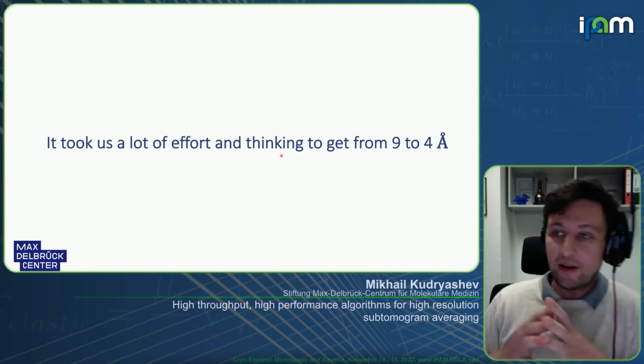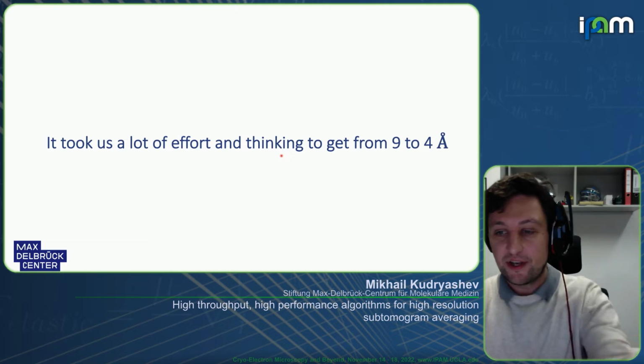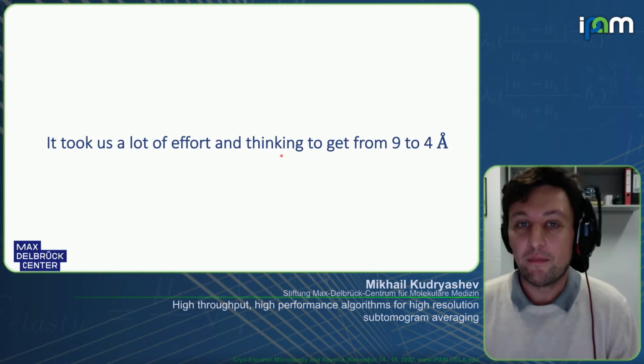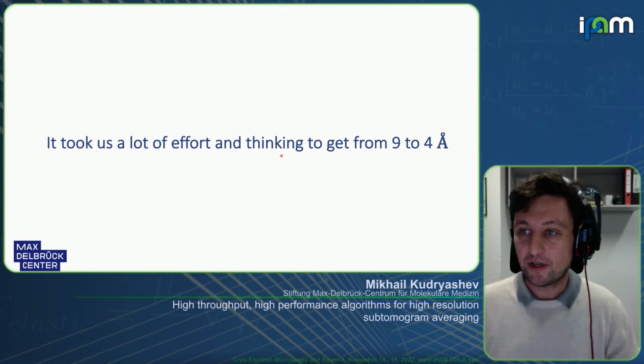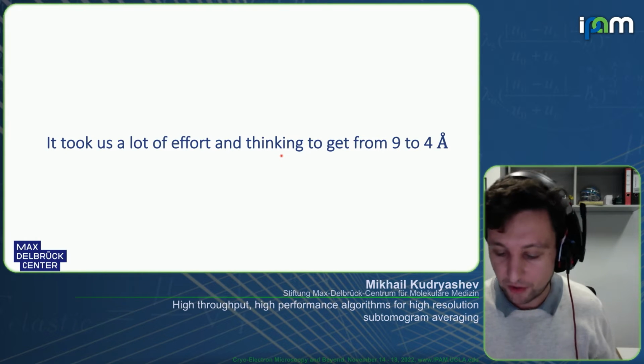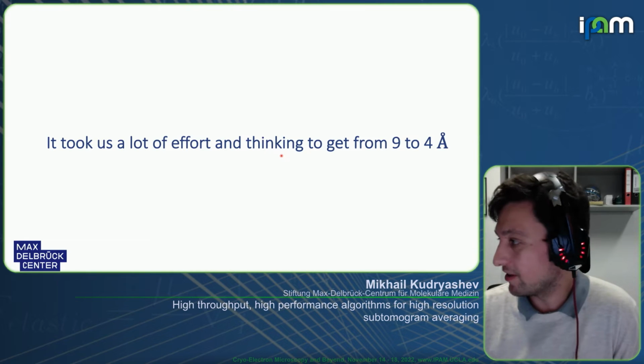It took us several years and a lot of thinking to get from 9 angstrom to 4, because while the number difference is not too much, it took quite some tweaking, and the entire community also obviously advanced.